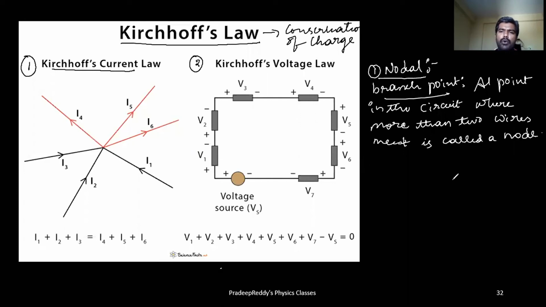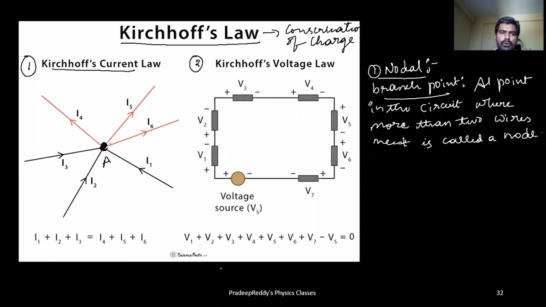So here, in this figure for Kirchhoff current law, let me consider this point as A. At this point A, we have these many wires: 1, 2, 3, 4, 5, 6. Six wires are meeting over here. Therefore, this point is said to be a nodal point.